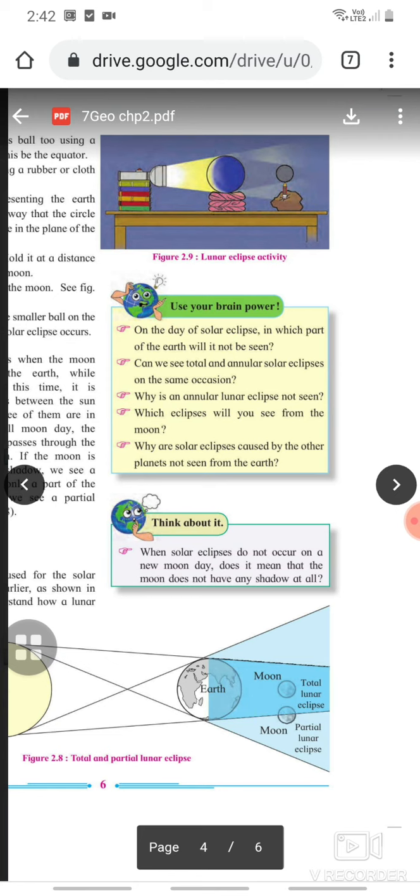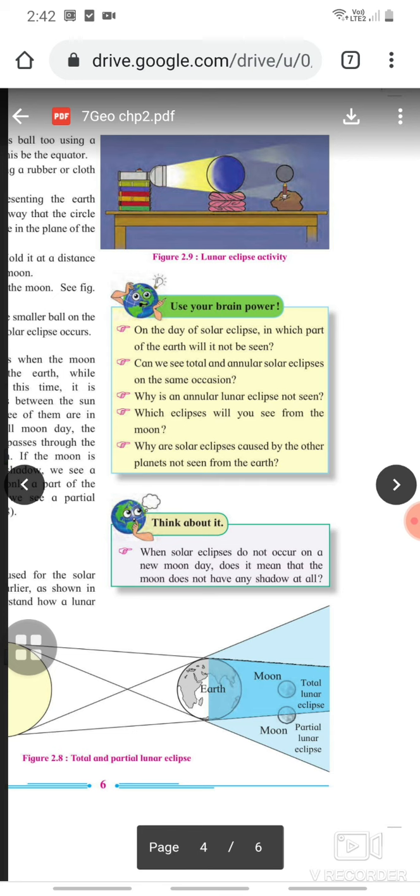Now you have to use your brain power to answer some questions. Okay, so here your questions go. First is, on the day of a solar eclipse, in which part of the earth will it not be seen? Next is, can we see total and annular solar eclipse on the same occasion?